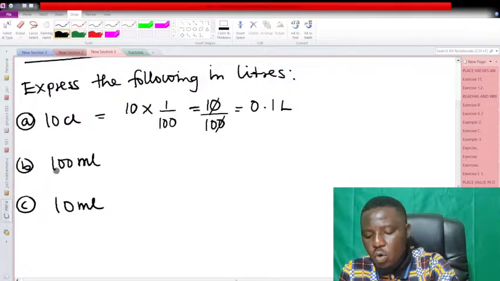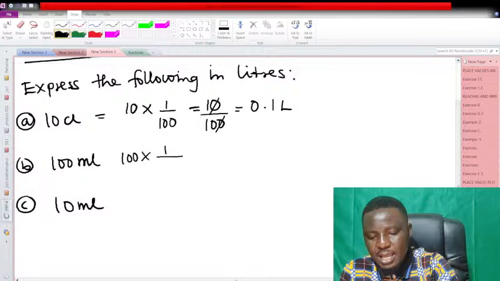We have 100 milliliter. 100 times milliliter is 1 over 1,000. And this is equal to 0.